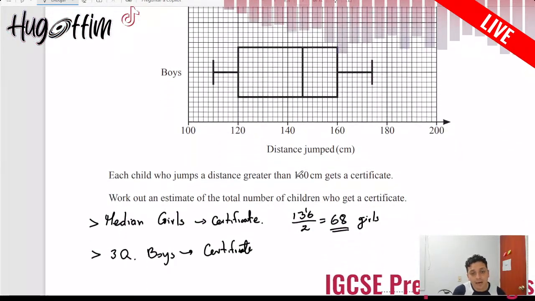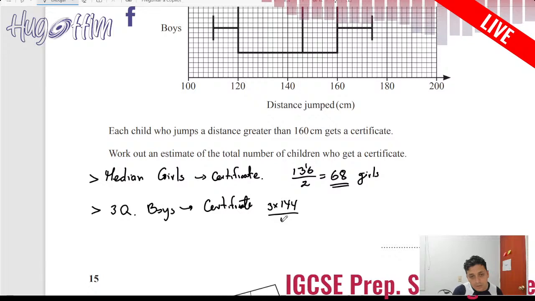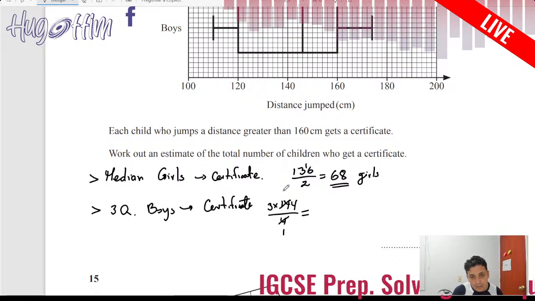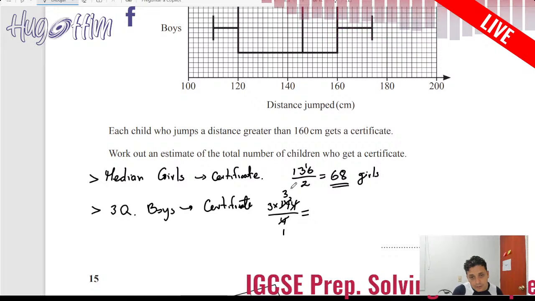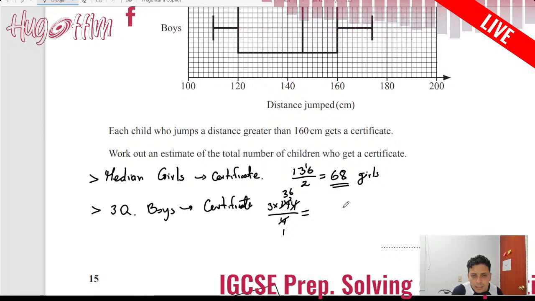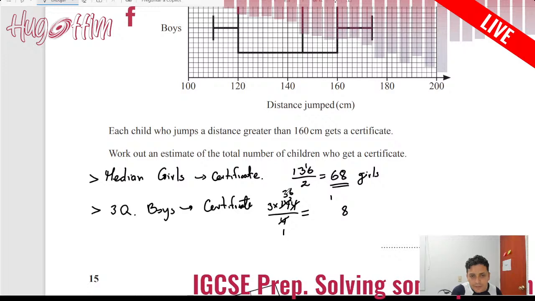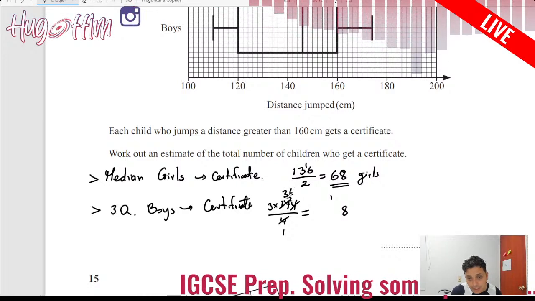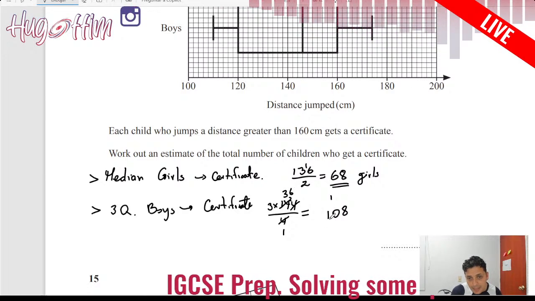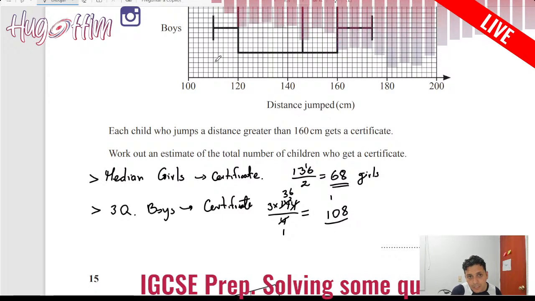So if we have 144 boys, this is going to be 3 times 3/4. 3 times 6 is 18, and 3 times 3 is 9, and 1 is 10. 108 boys is going to be the number of boys that are here.